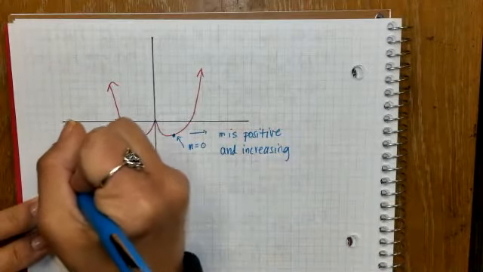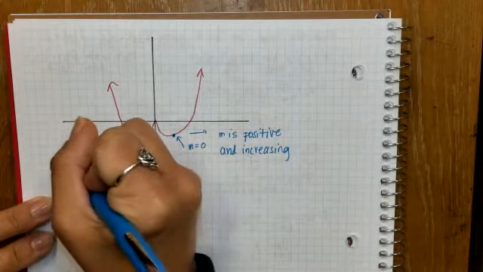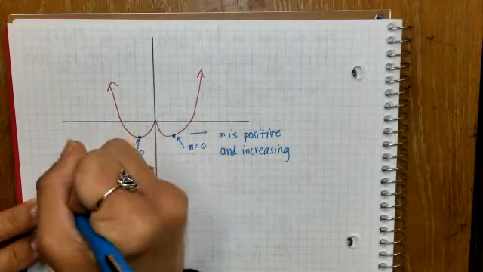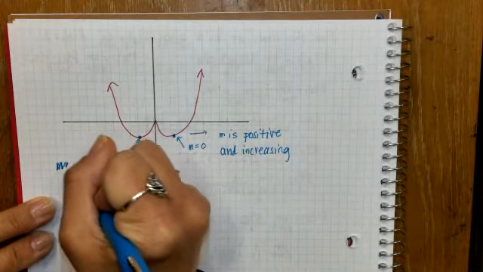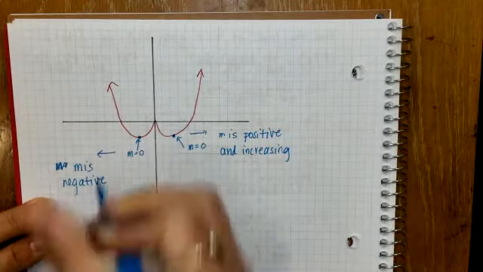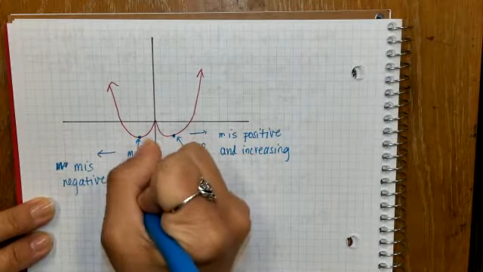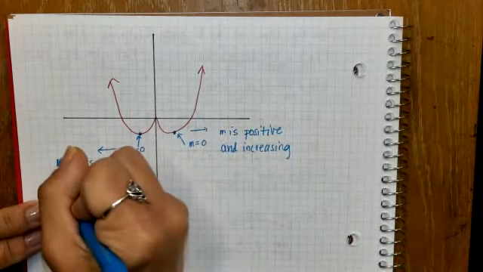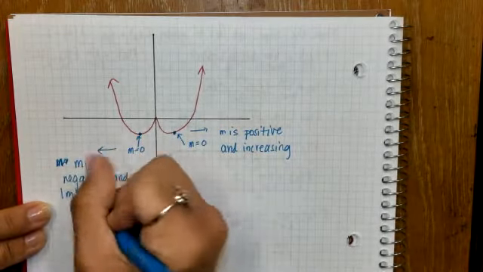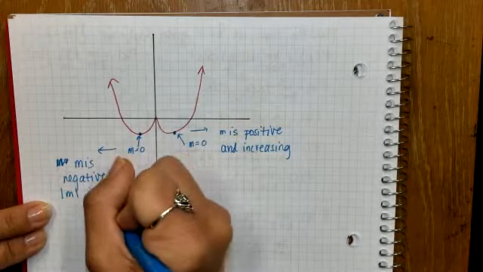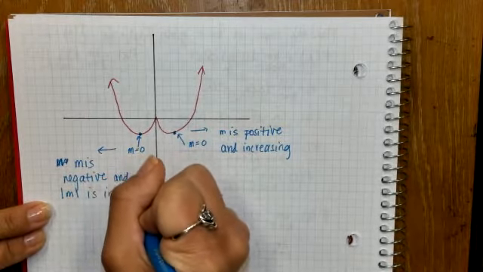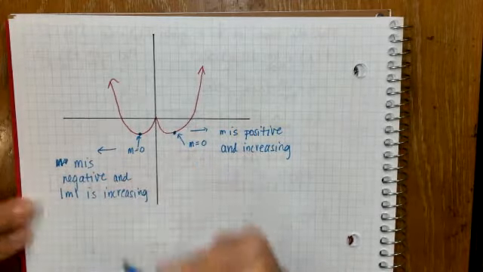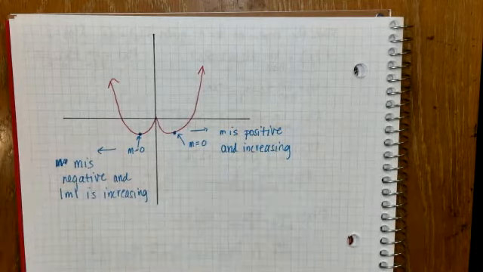So m is negative, and its absolute value is increasing. It's becoming a greater negative number.